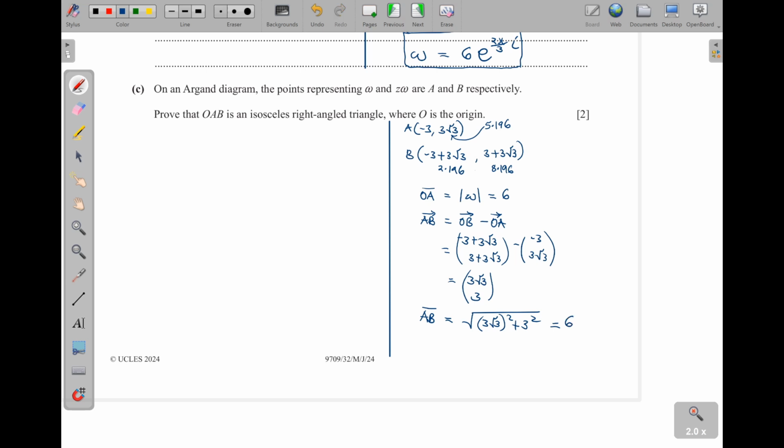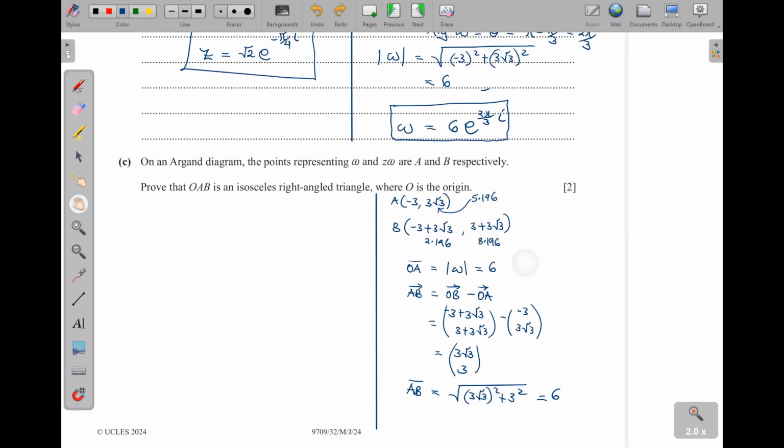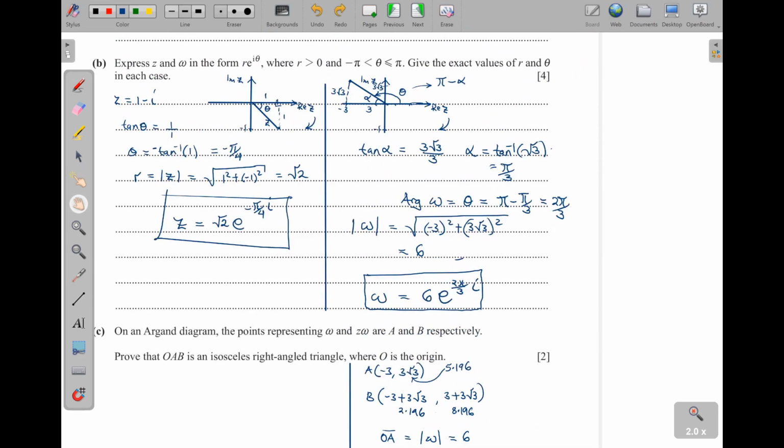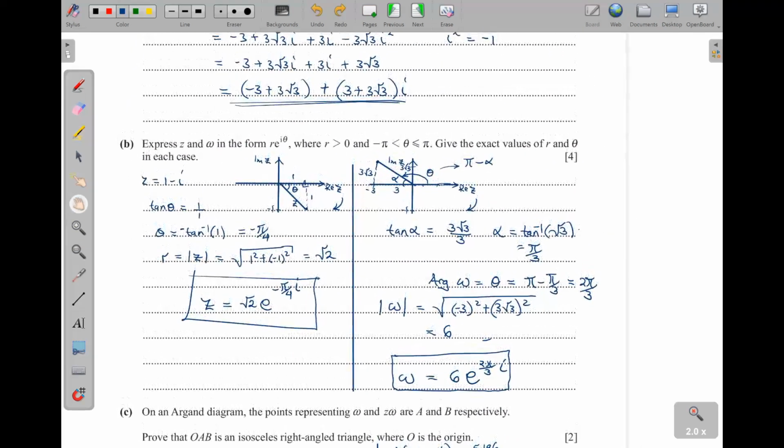Now you can see that AB is equal to OA, so two sides are equal. But OB, the length of this one here, z omega represented by B, is not going to be equal to 6. Let's check it out here.